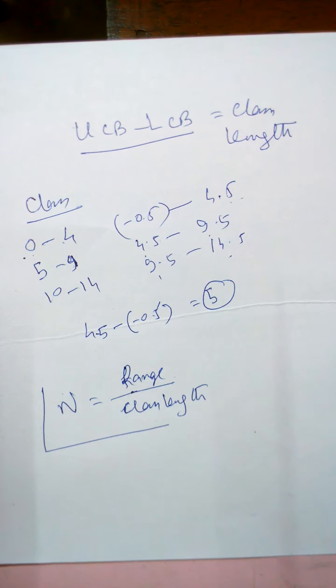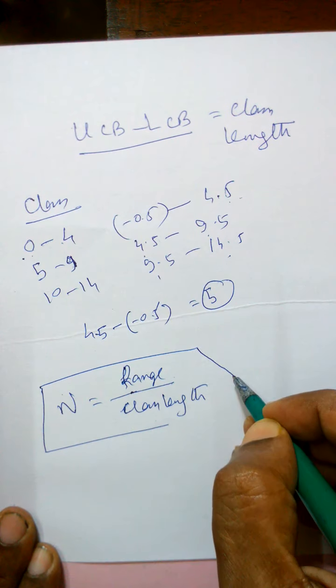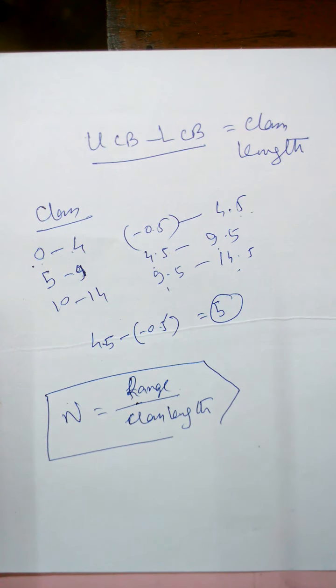What is range? Range is the difference between the smallest number in the statistical data subtracted from the highest data of the statistical collection of data, that is, highest value minus lowest value. That range divided by the class length will give the number of classes.